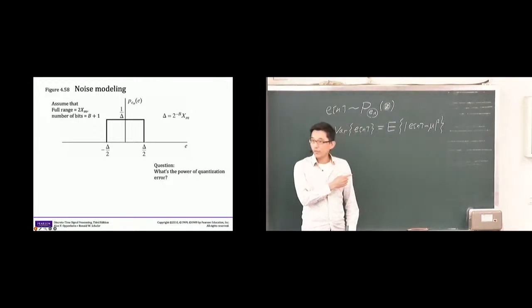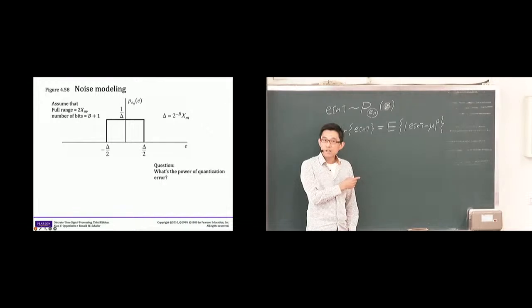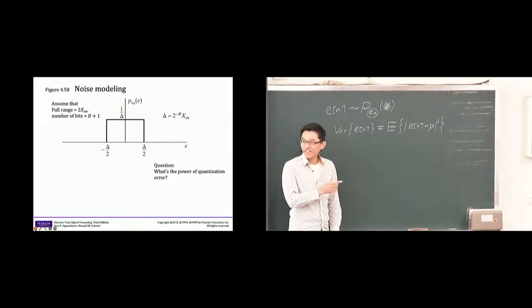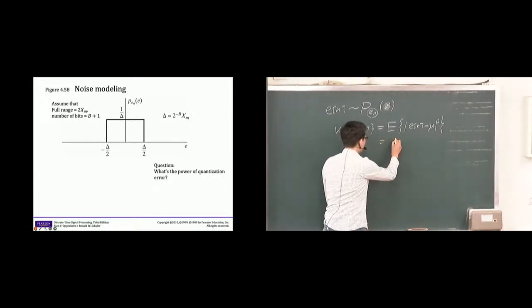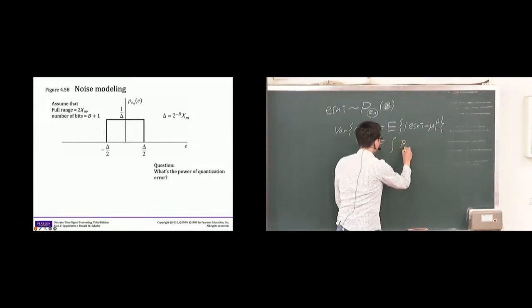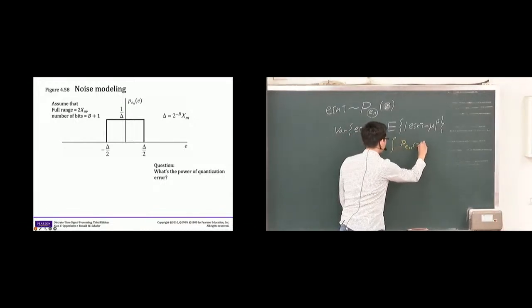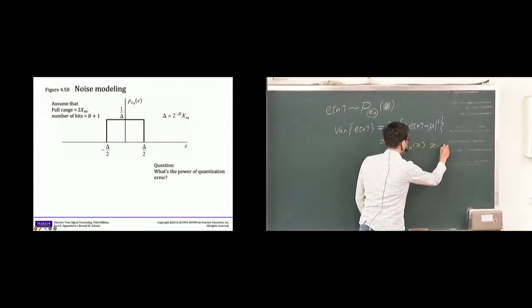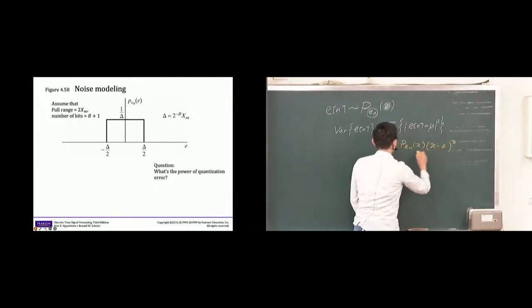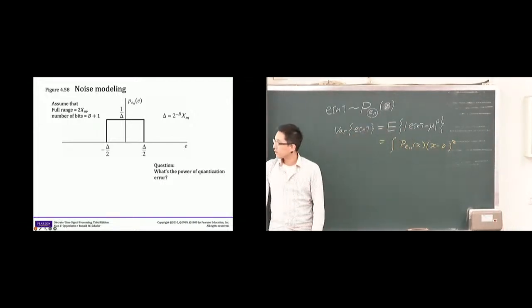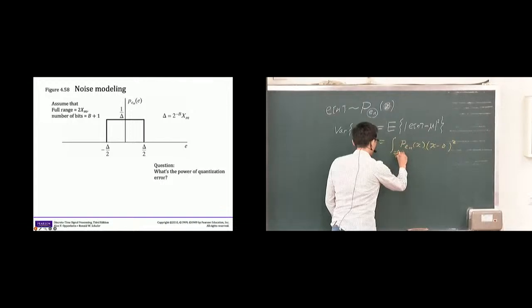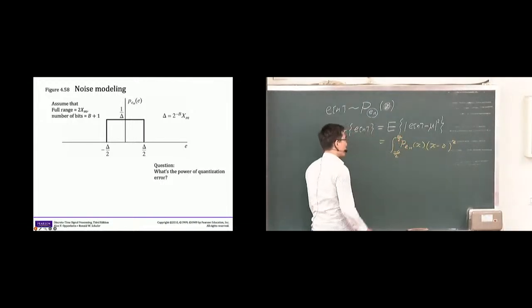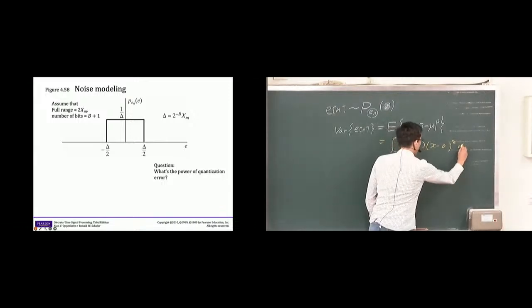For those of you who have taken probability, you integrate x times the PDF, where the range of the integral is the sample space, from minus one half of delta to plus one half of delta, dx.